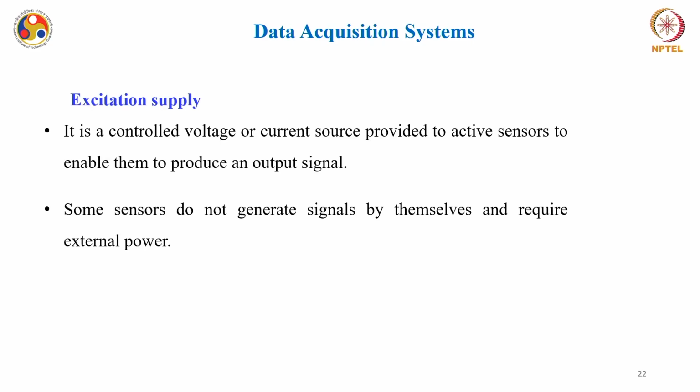Then excitation supply is another important constituent of a signal conditioning unit. It is a controlled voltage or current source provided to active sensors to enable them to produce an output signal. We have seen that biasing is required for any kind of active sensor, and this excitation supply means exactly the same. Some sensors do not generate signals by themselves, unlike piezoelectric sensors, but require external power, for example a resistive sensor.